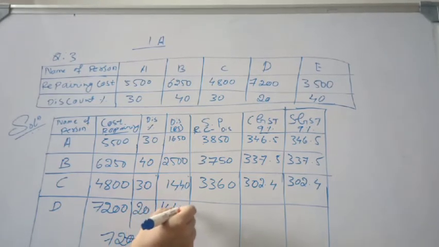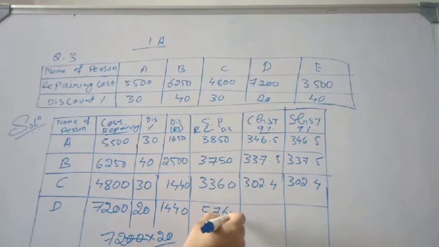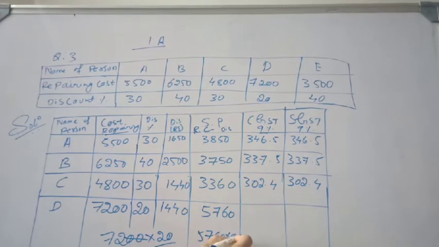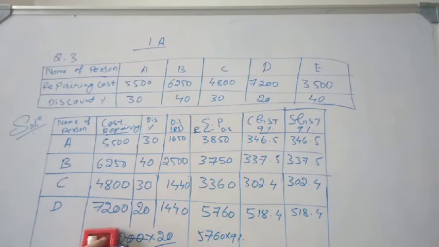The discounted amount is 1,440. Then repairing cost minus discounted amount gives 5,760. On 5,760, 9% CGST and 9% SGST, that is 518 rupees 40 paisa. SGST also 518 rupees 40 paisa. This is for D.